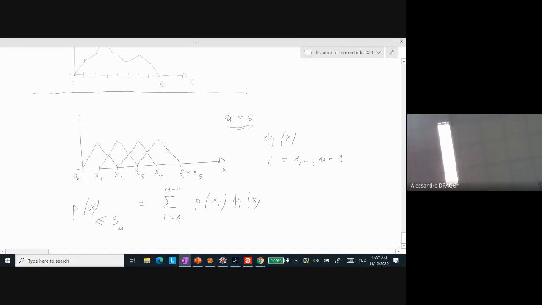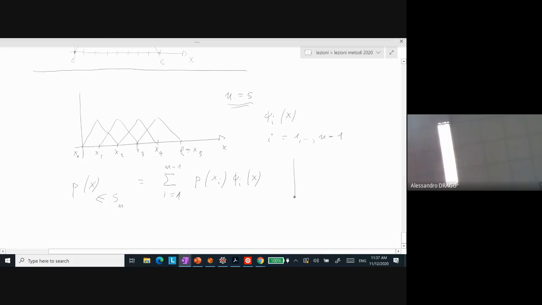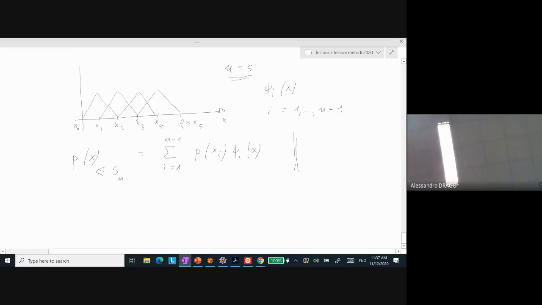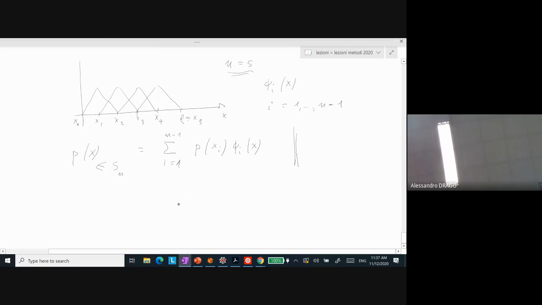The property which is particularly important is that phi_i of x_i is equal to 1. Or if you prefer, phi_i of x_j is equal to delta_ij.